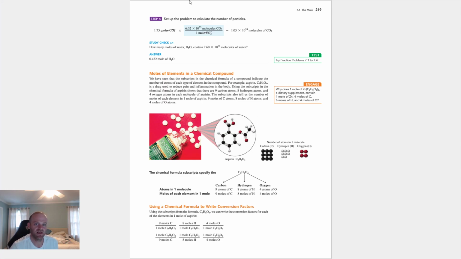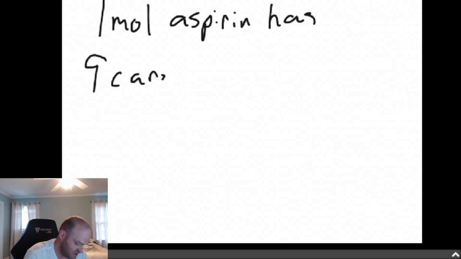Okay, so just kind of bring this back around. So 1 mole of aspirin has 9 carbons per aspirin.